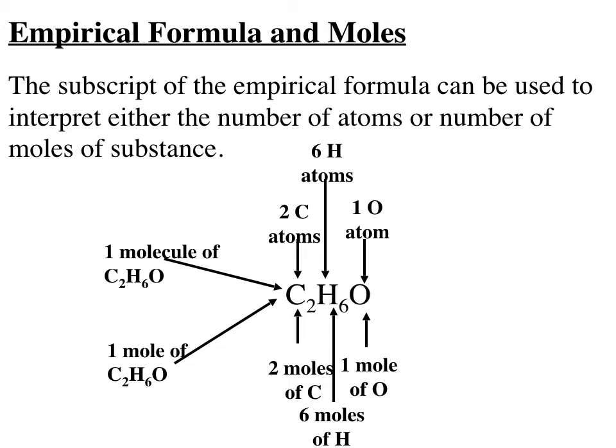Well, that is 2 times Avogadro's number. 2 times 6.02 times 10 to the 23rd would be 1.2 times 10 to the 24th atoms of carbon in that 1 mole sample of ethanol. In addition, there would be 6 moles of H in that 1 mole sample of ethanol, and there would be 1 mole of O. And again, in our 1 mole sample of ethanol, there's 6.02 times 10 to the 23rd oxygen atoms in that collection.